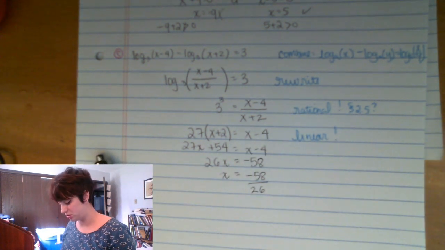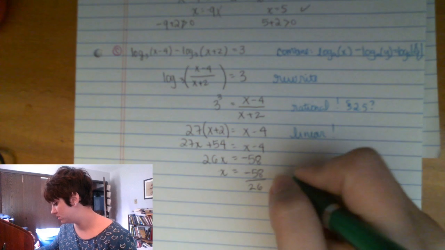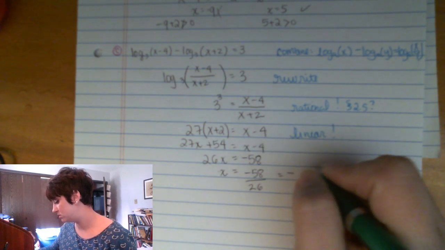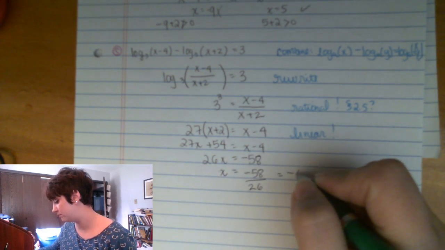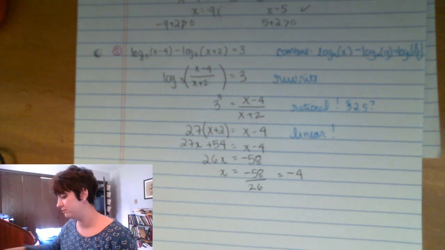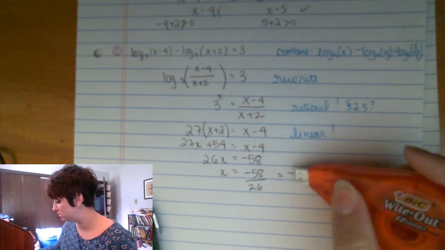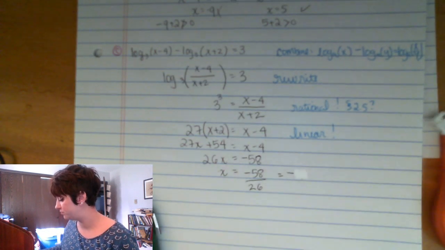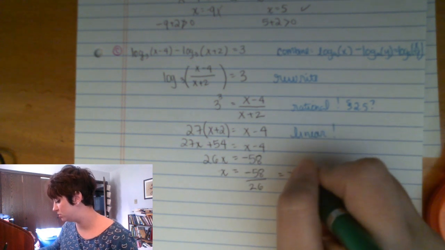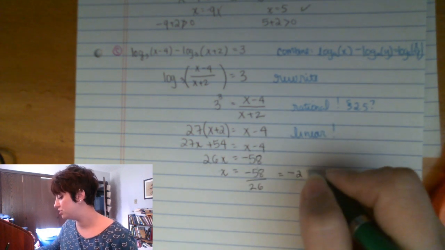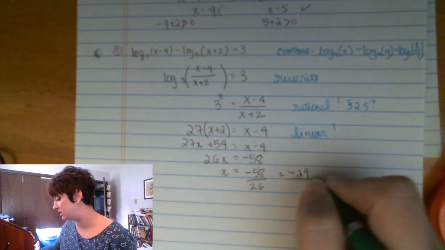I don't think is an integer. I mean, maybe it is, but I don't think so. No. Well, they both have a factor of 2, right? So divide by 2, we get 29. So 2 into 5 is 2, with remainder 1. 2 into 18 is 9.